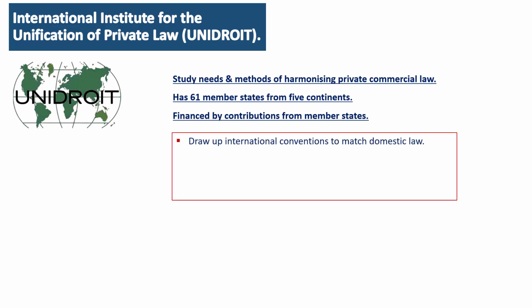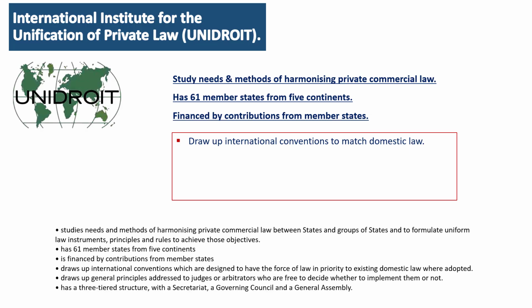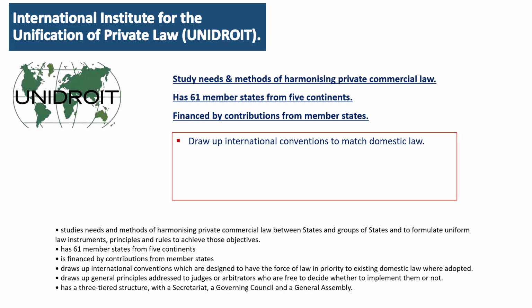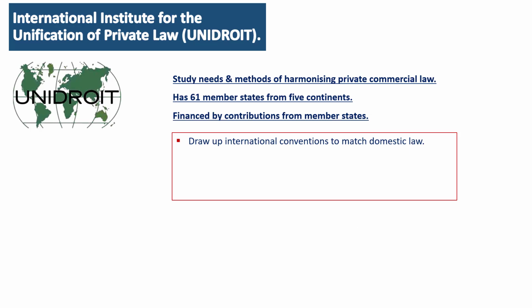Their function is to draw up international conventions, which are agreements or treaties, which are designed to have the force of law in proximity to the existing domestic law where it's adopted, so that the international law does not differ substantially from the domestic law, because it is the utmost responsibility or the right of nations to enact laws.